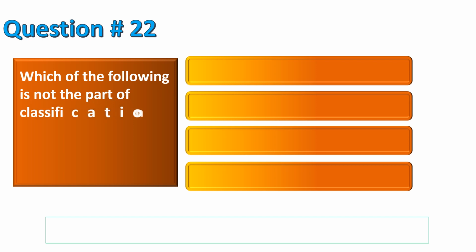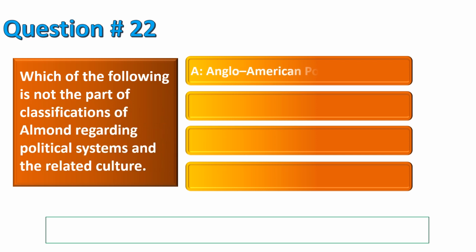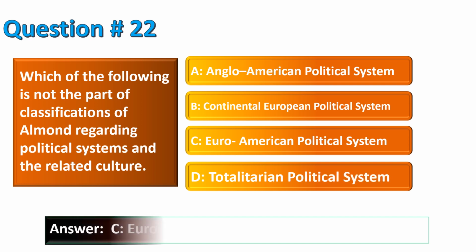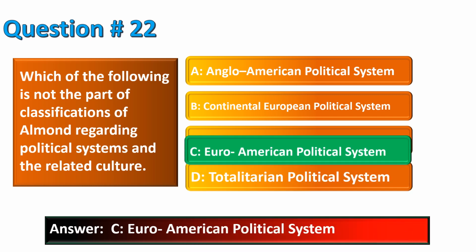Which of the following is not part of Almond's classifications regarding political system and related culture? The correct option is Euro-American political system.